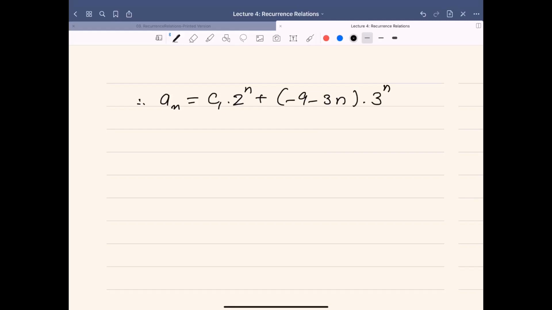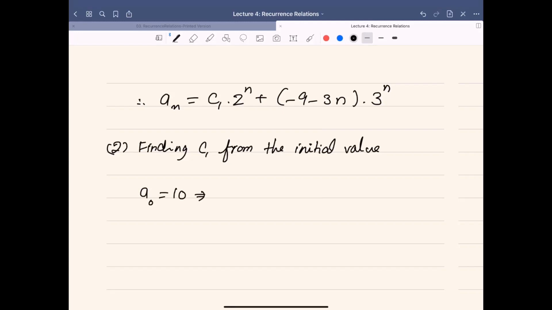Now step number 2 is finding C1 from the initial value, and the initial value is given: a_0 is equal to 10. So when you substitute into the above equation, n is 0, so it will be C1 plus minus 9 minus 0, so minus 9, is equal to 10.